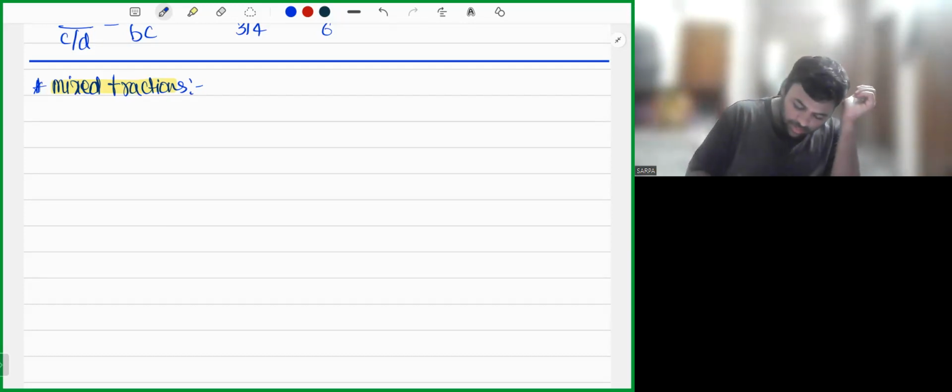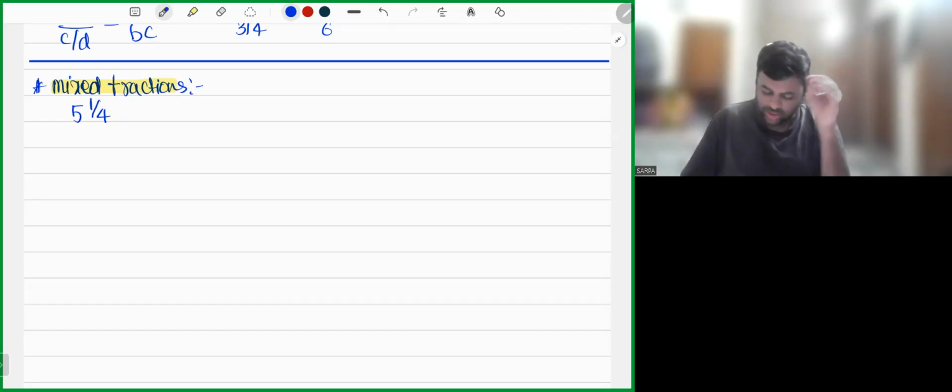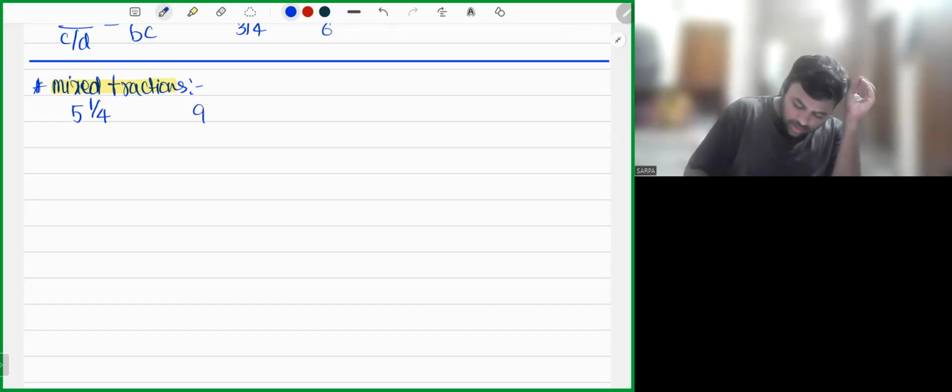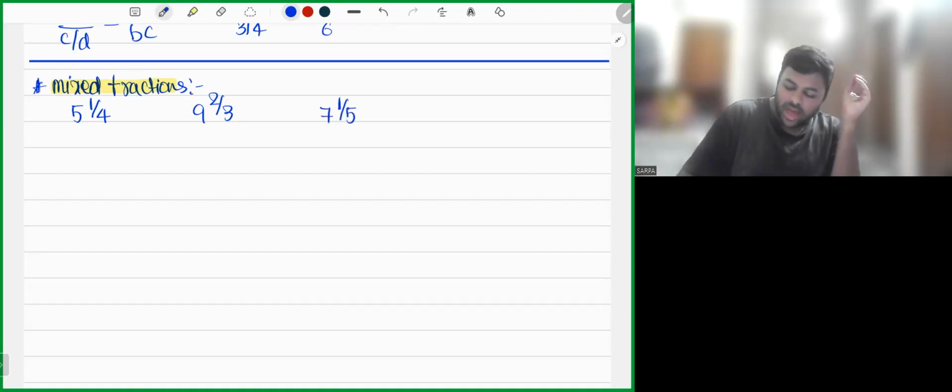Like for example, I have the number 5 and you are writing 5 1 by 4. It is called a mixed fraction. A number and fraction written together. I have 9 2 by 3, a mixed fraction. 7 1 by 5, a mixed fraction. 9 4 by 3, a mixed fraction.